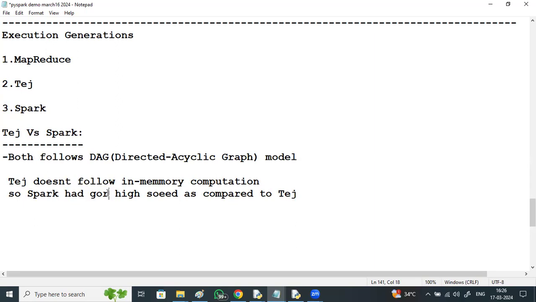So Spark has got high speed as compared to Tez.